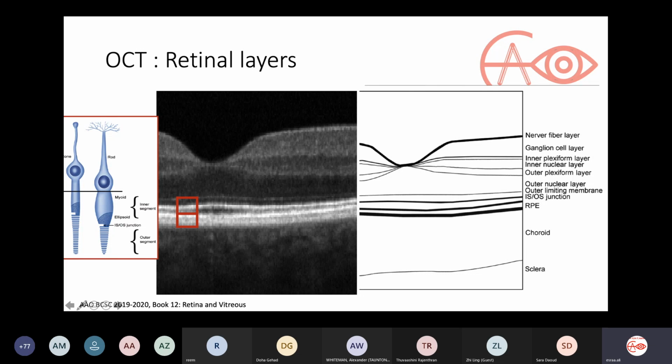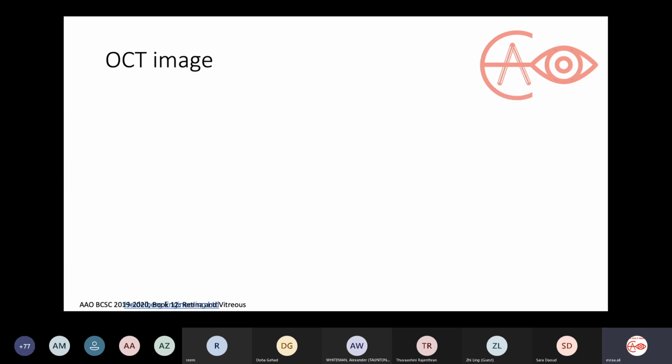And then the last line over here is the external limiting membrane, which is just below the cell bodies, or the outer nuclear layer. So I hope you now know what all these white lines represent, and this will help us diagnose any image you see from the OCT.